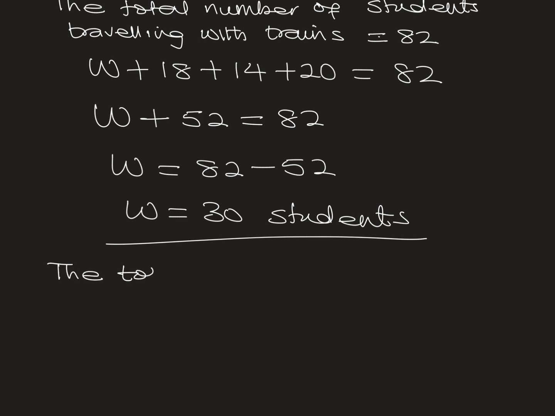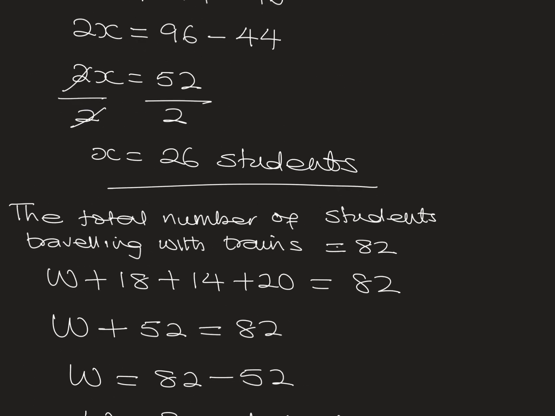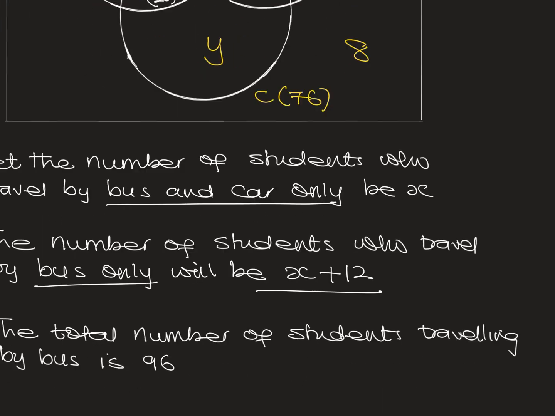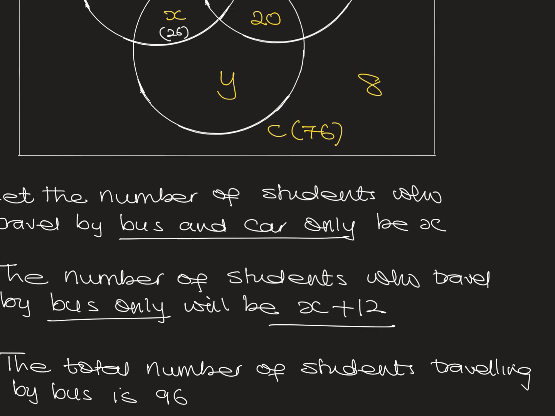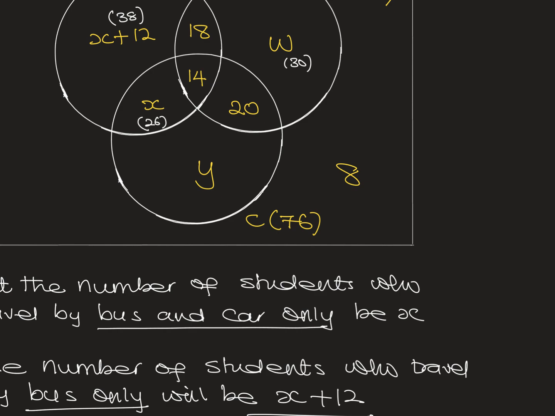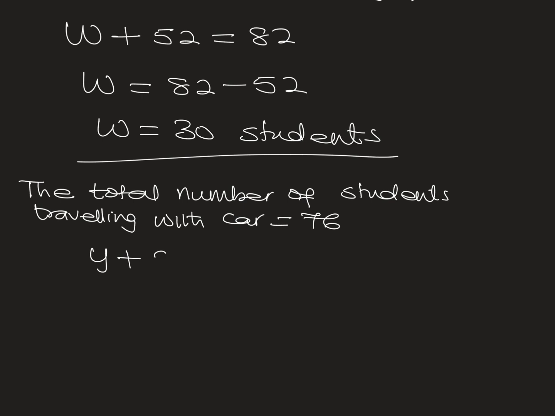The total number of students traveling with car is equal to 76. And we've said that the equation we can form for that is Y plus 20 plus 14 plus X is equal to 76, right?